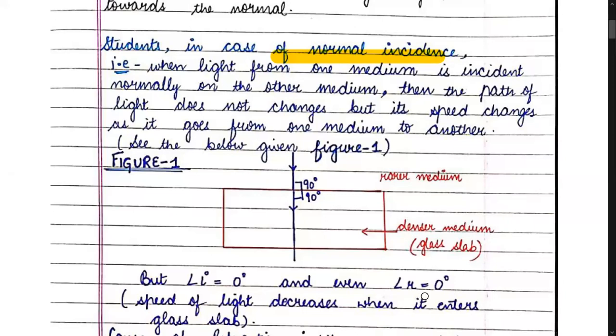So, students, in case of normal incidence, that is when light travelling from one medium is incident normally on the other medium, then the path of light does not change, but its speed changes as it goes from one medium to another medium.